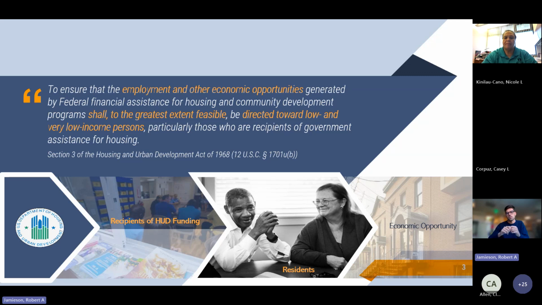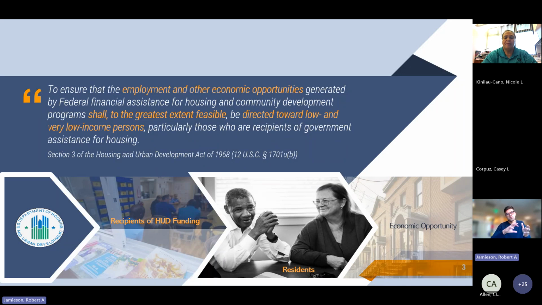These are typically individuals with housing choice vouchers, place-based vouchers, or who meet the low median income for the neighborhood, which we'll get into later, where the project is taking place. So basically, keeping our funds local and employing local individuals is the main goal of Section 3.